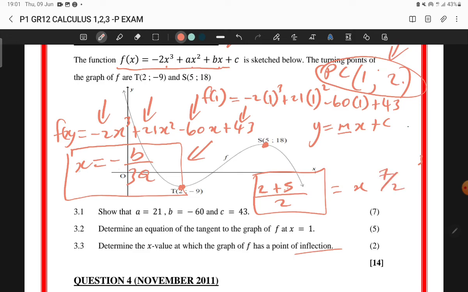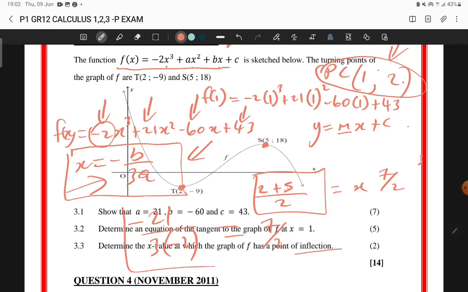Then also this one, now what are we having? If you are using this formula, then your b is 21, so you are having negative 21 divided by 3 times a. Your a is negative 2, and then I believe that is going to give you the very same value, which is 7 over 2.